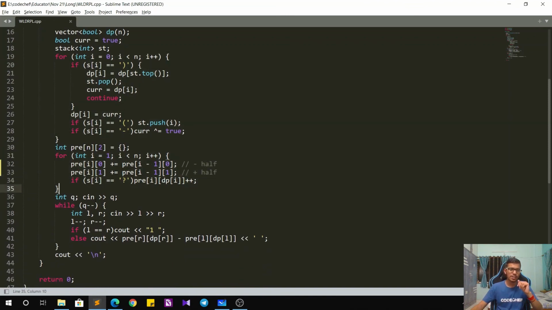And after that, for each query, we are just answering it in order of 1. So it is safe to say that the time complexity for this question is order of n plus q, where n is the length of the string. Actually, it is order of n for the pre-processing and order of 1 for each query. We can say that. Okay.